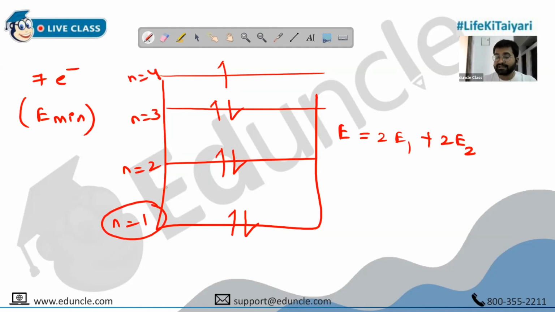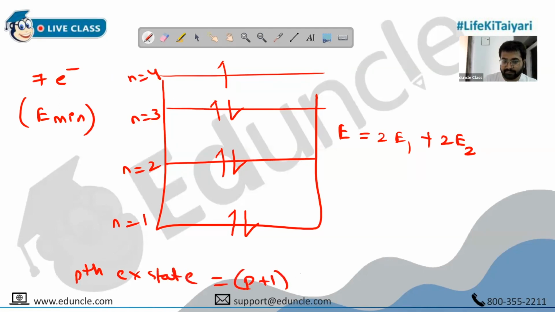Ground state means first level. First excited state means second level. Second excited state is third level, and third excited state is fourth level. So the pth excited state is actually the p plus 1 level, people. Or you can say the value of n is p plus 1 when you talk about the pth excited state.